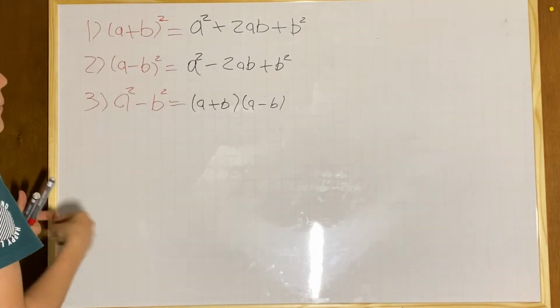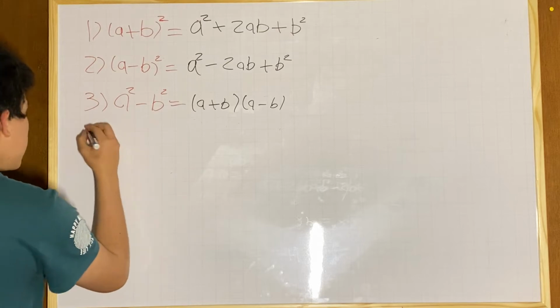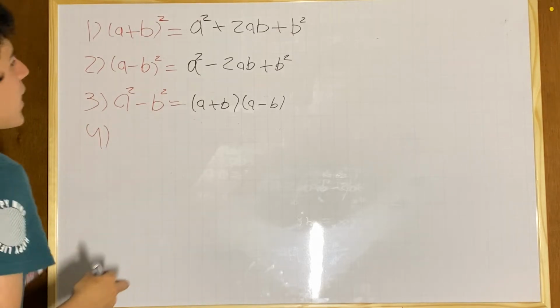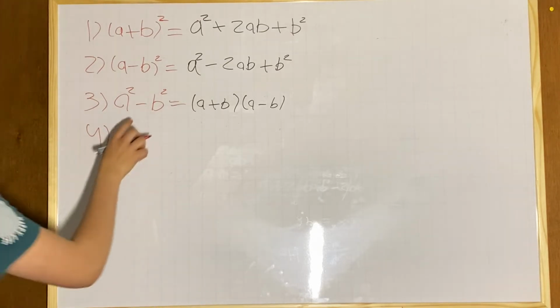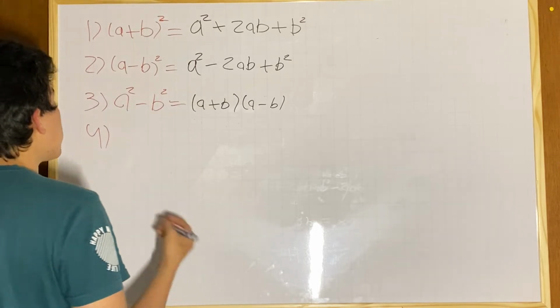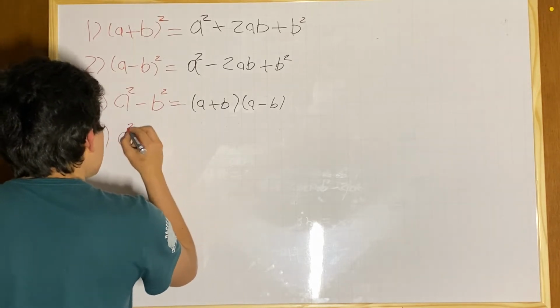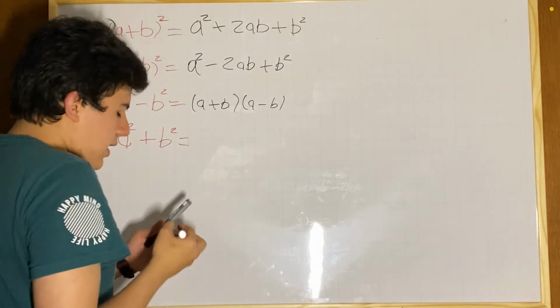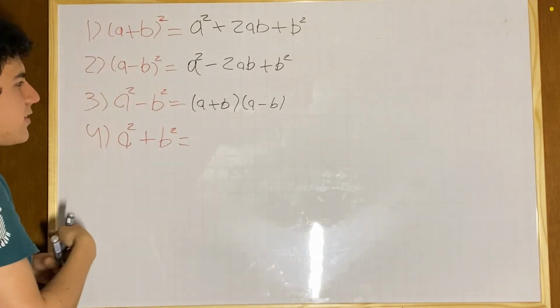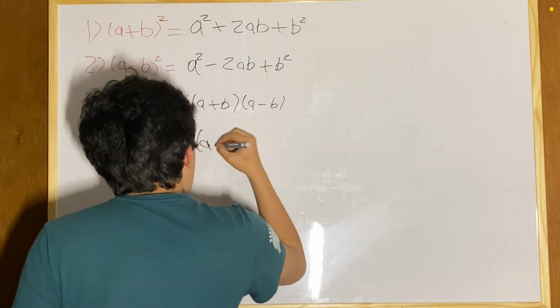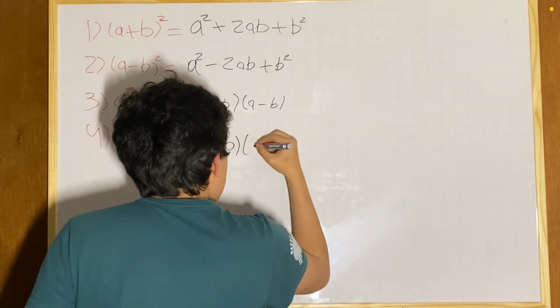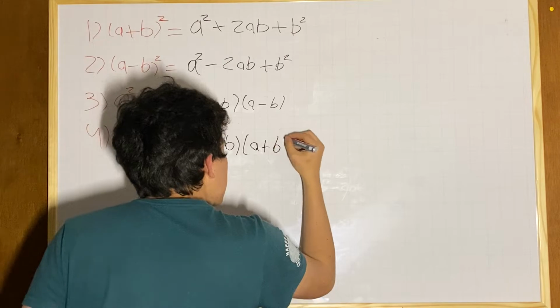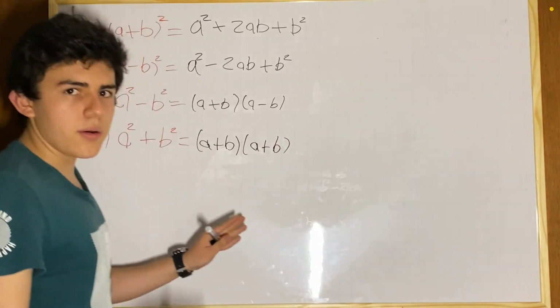So, a fourth case. Now, what if we have these two squared numbers, but we're going to add them together? Now, this is a pretty cool one. Don't make the mistake of saying this is equal to (a + b) times (a + b), because this is absolutely wrong, okay?